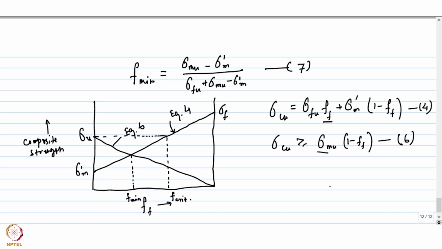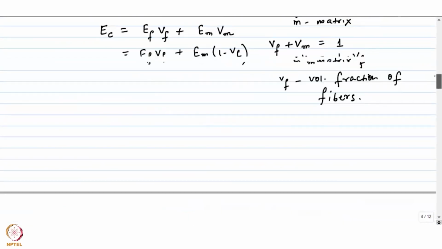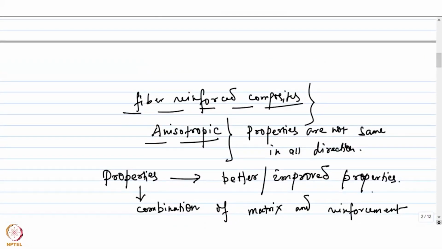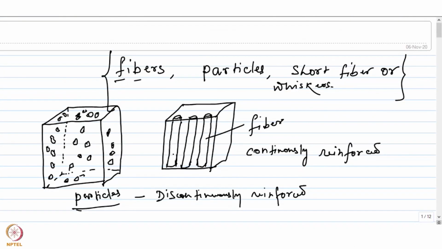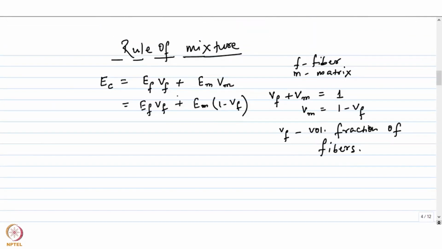So let me quickly summarize. The property of a composite can be given by the rule of mixtures, which basically represents the weighted average of the properties of the individual constituents. So if the volume fraction of the reinforcement is known, then the property can be obtained by this expression representing the rule of mixture.